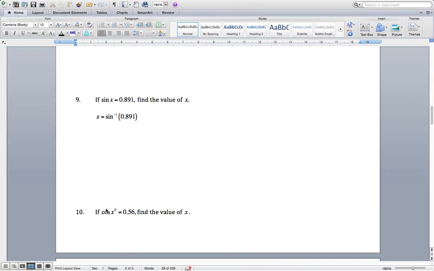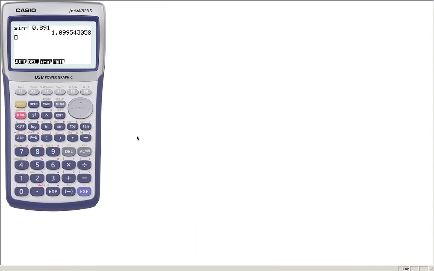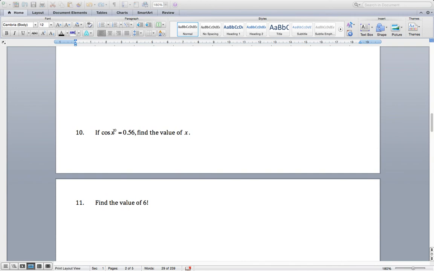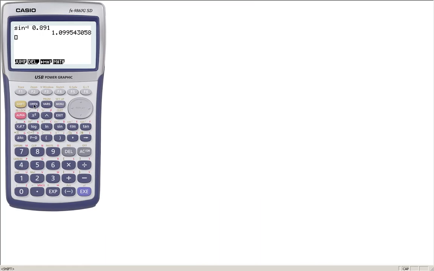Okay, suppose I want to find, if cos x degrees is 0.56, then find the value of x. Then you know that x is nothing but cos inverse of 0.56, isn't it? But again, you can see that this is in degrees, x degrees. So you need to make sure that the input angle mode is in degrees.